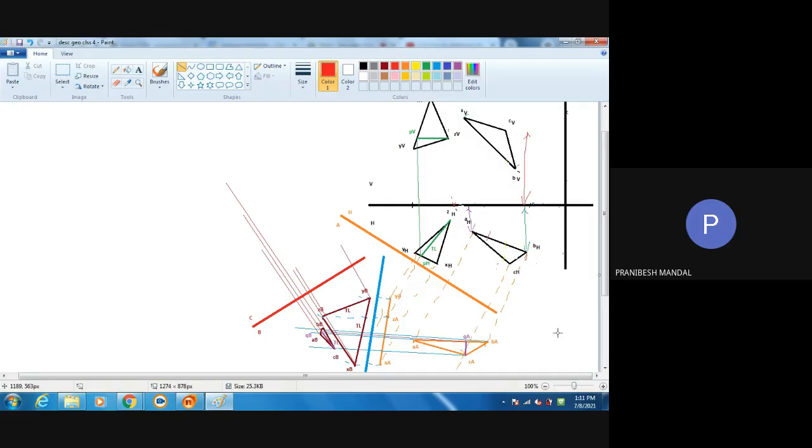So is it okay? Yes, sir. Very good. So what are the points? Sir, এই perpendicular distance গুলো। এই একটা, এই একটা, তাই তো? Yes, sir.